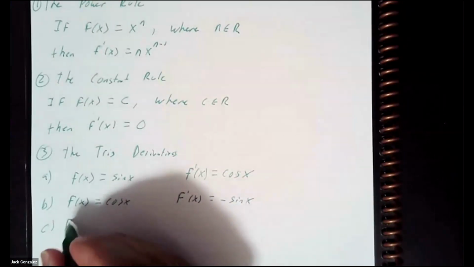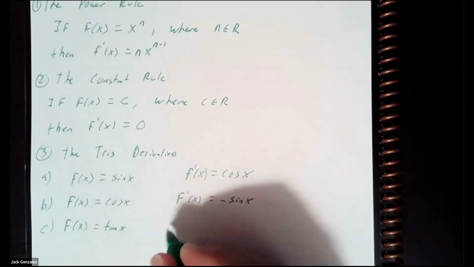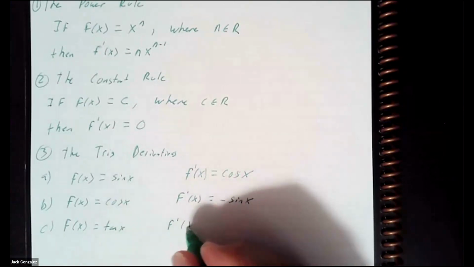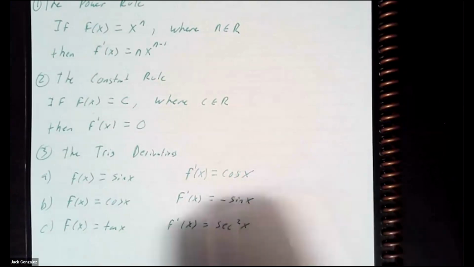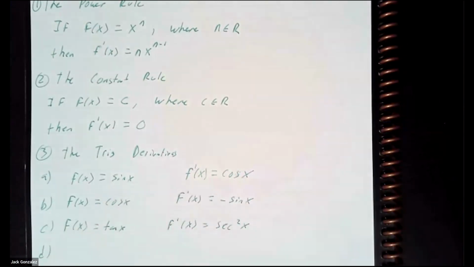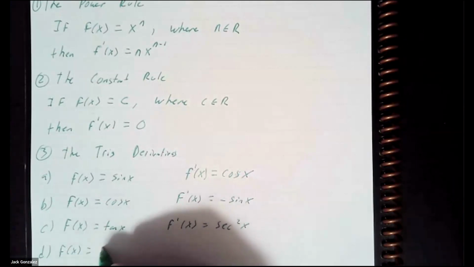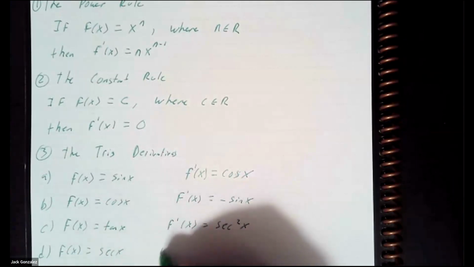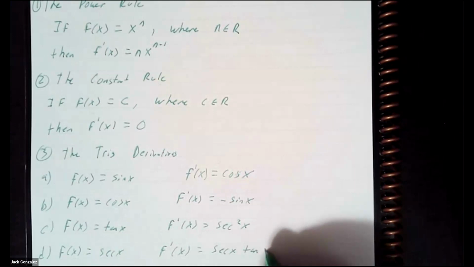If your function is equal to tangent, then the derivative is equal to secant squared. If your function is equal to secant, then your derivative is equal to secant x tangent x.